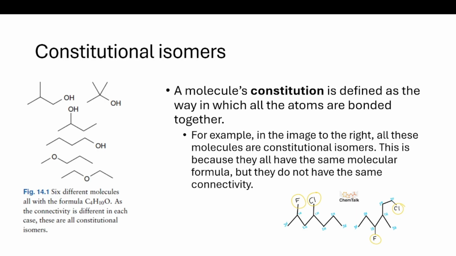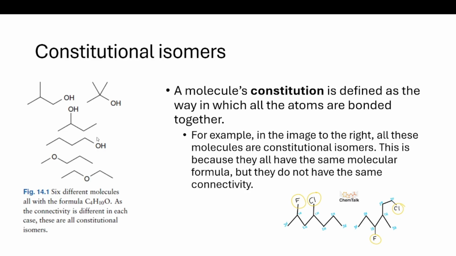So first off, I wanted to talk about what constitutional isomers are. Constitutional isomers are based on a concept known as a molecule's constitution, which is defined as the way that all the atoms are bonded together. For example, in this image, we can see that each of these molecules has the formula C4H10O.